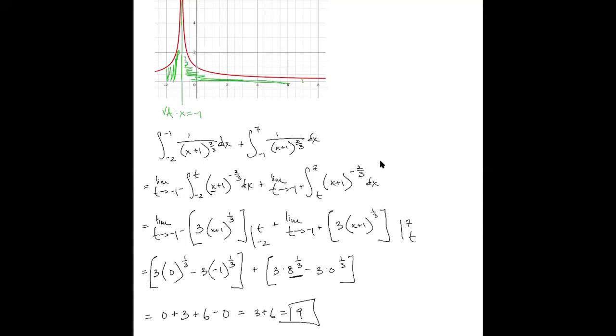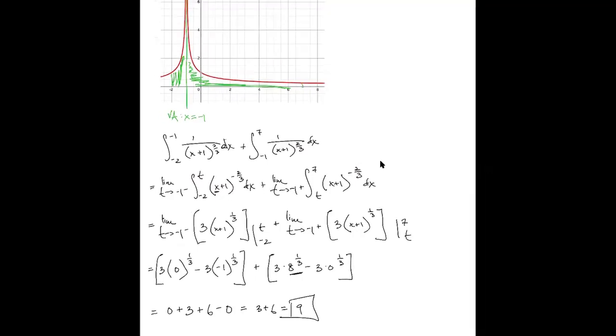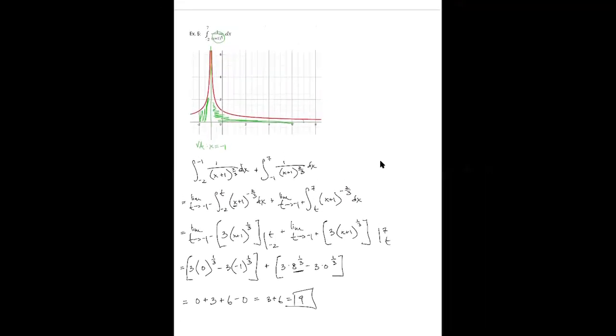All right, so the two areas on either side of that vertical asymptote approach that asymptote fast enough that we're able to find the area. And that area of the green region is 9. And do you want us to write that it converges? Yeah.